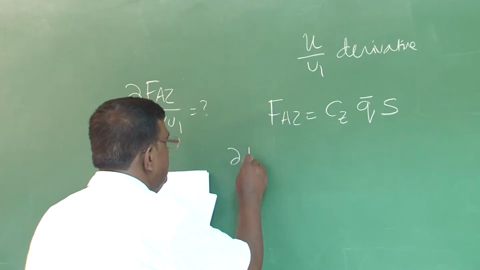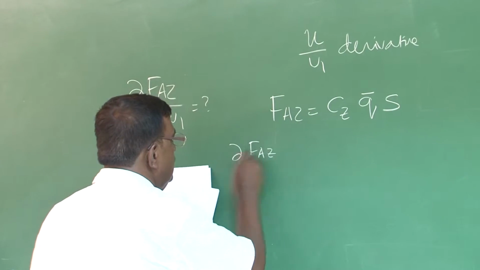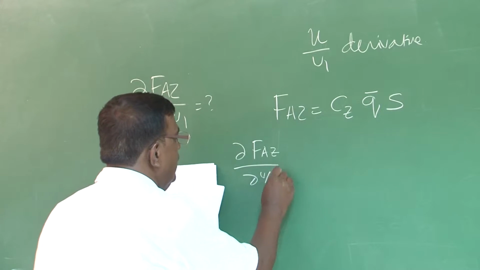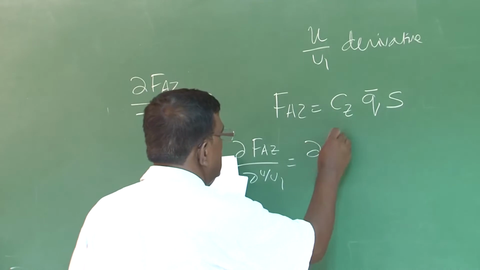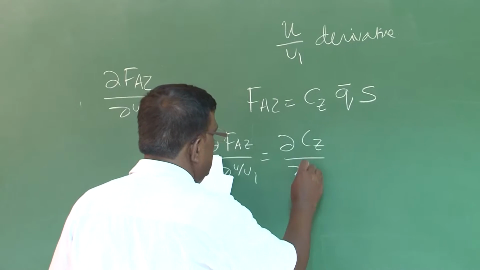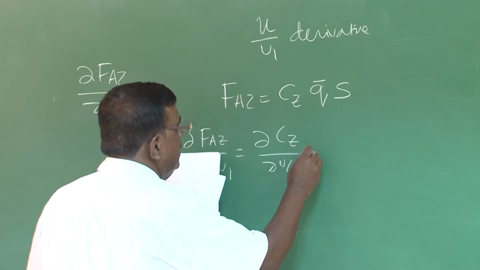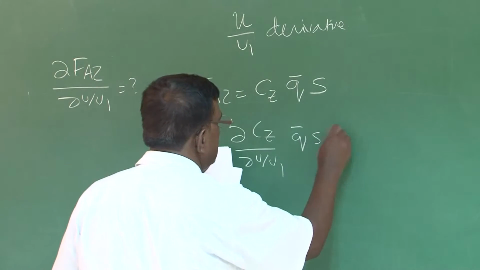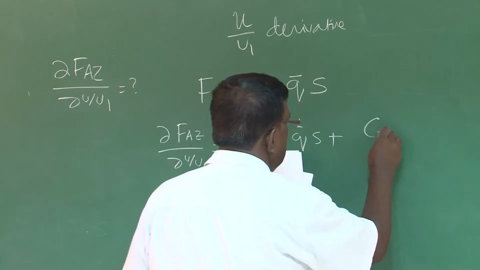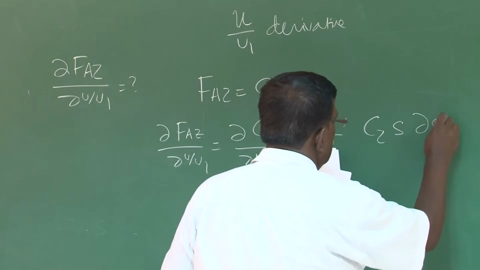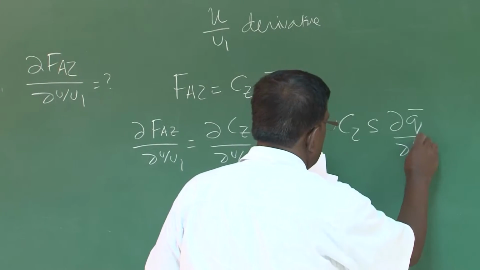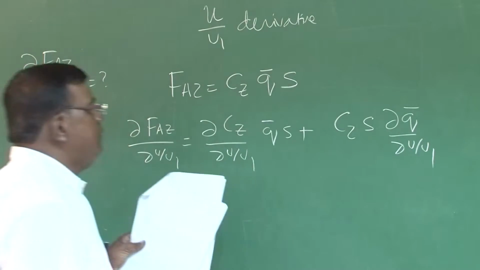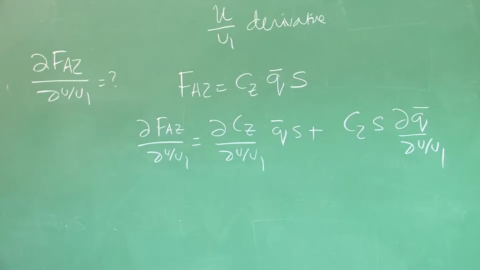So dFaz by du by u1 will be equal to dCz by du by u1 times q bar S plus Cz S dq bar by du by u1. By now you should be able to do it yourself actually.